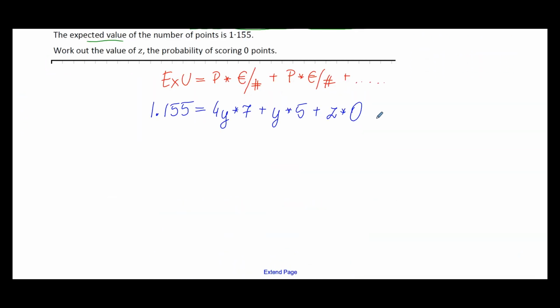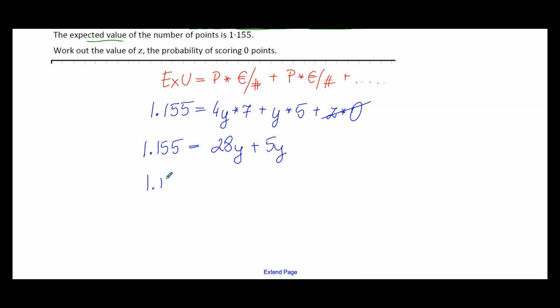So here we have a simple equation with one letter, because z multiplied by 0 will be 0. So that means I have 4 multiplied by 7, which is 28y, and then we have 5y.